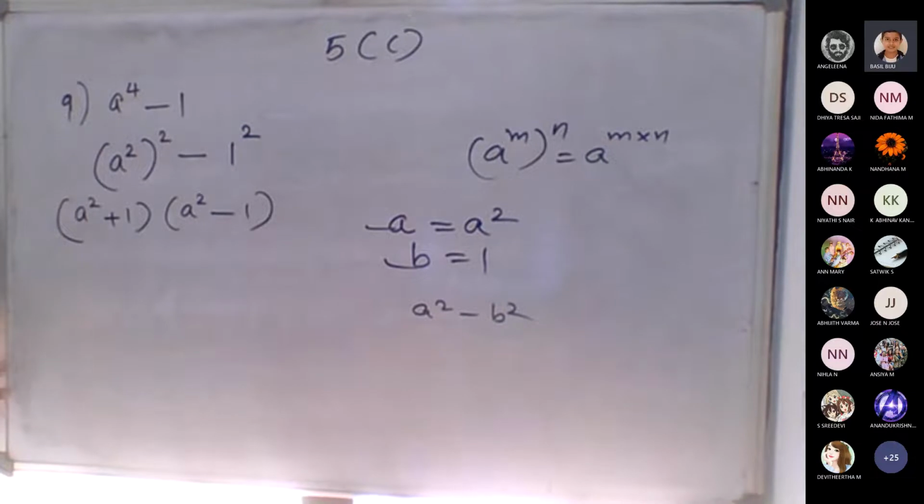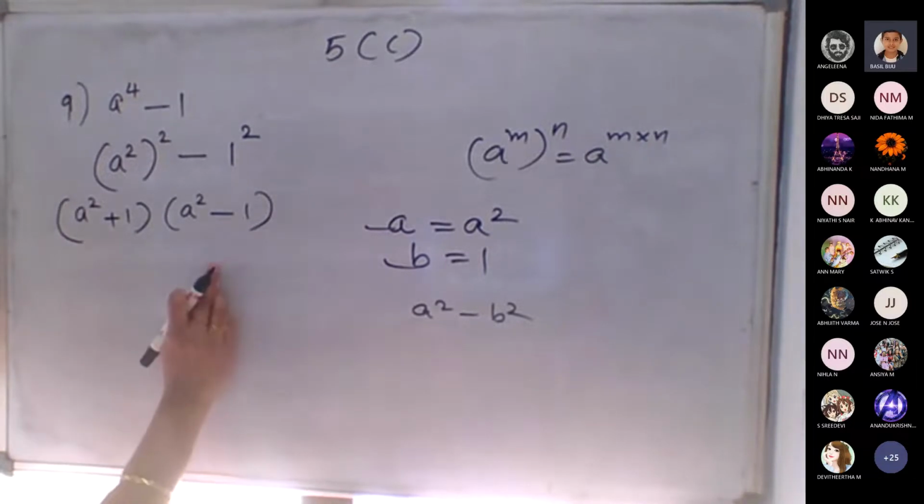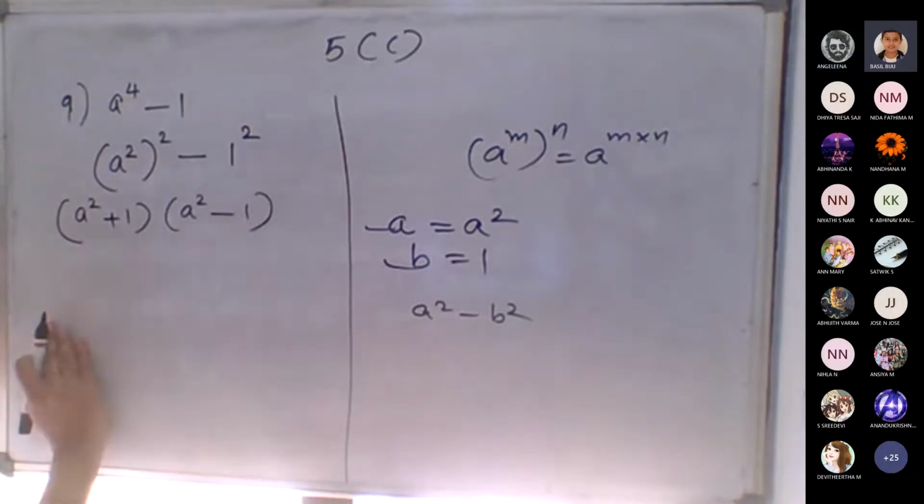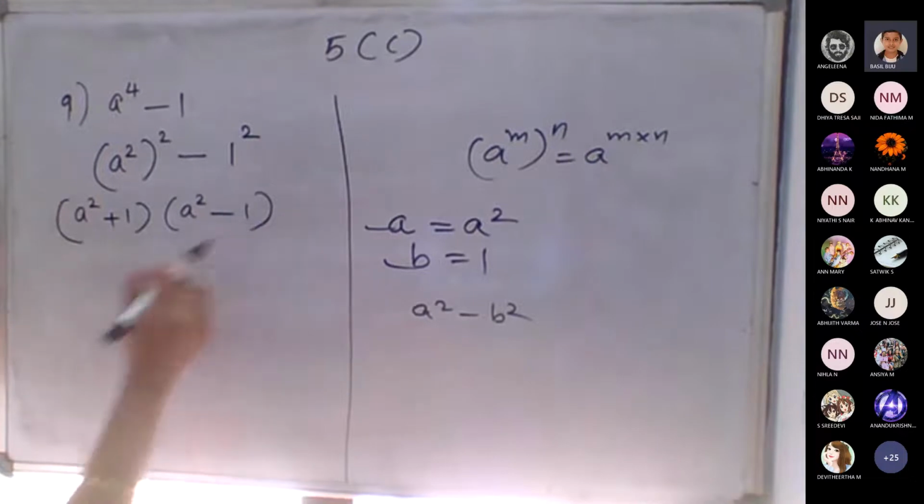Again we have to do something with that. Which one? We can simplify again. Ma'am, we need to simplify a square minus 1, no? A square minus b square form.